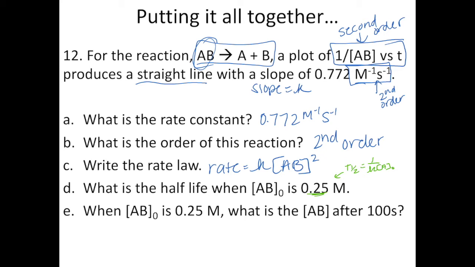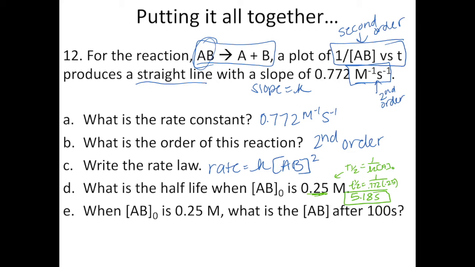It gave me an initial concentration, so I know that T1/2 is equal to 1 over my rate constant, which is 0.772, times 0.25, which I got from part D. And when I do that out, I get 5.18 seconds. That's my half-life. That's how fast it decays in half.